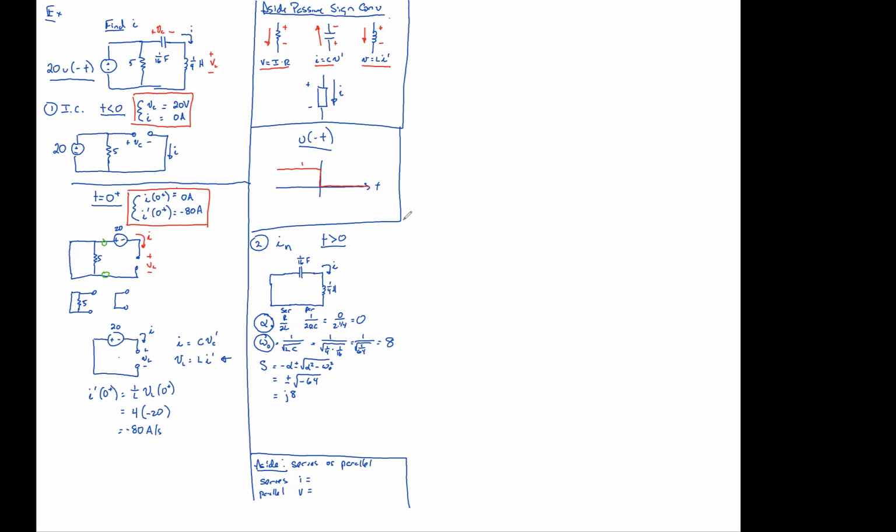So mathematicians use i's and electrical engineers use j's. Now we know what omega sub d is. s is always equal to minus alpha plus or minus j omega sub d, and therefore our omega sub d, which we only need to find out if we have imaginary roots, is going to be 8.